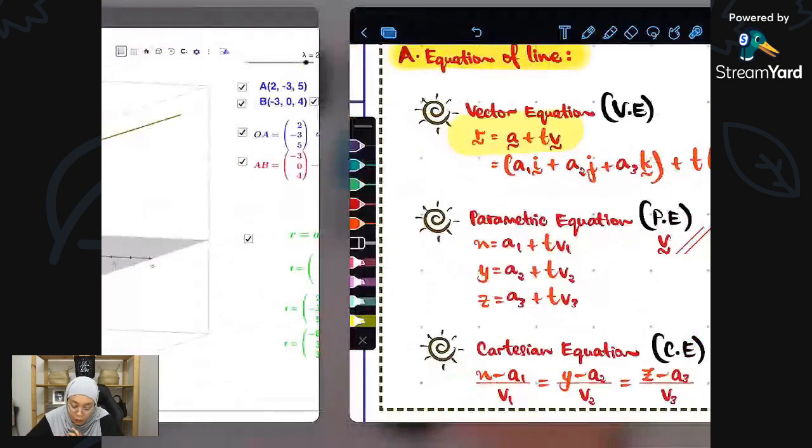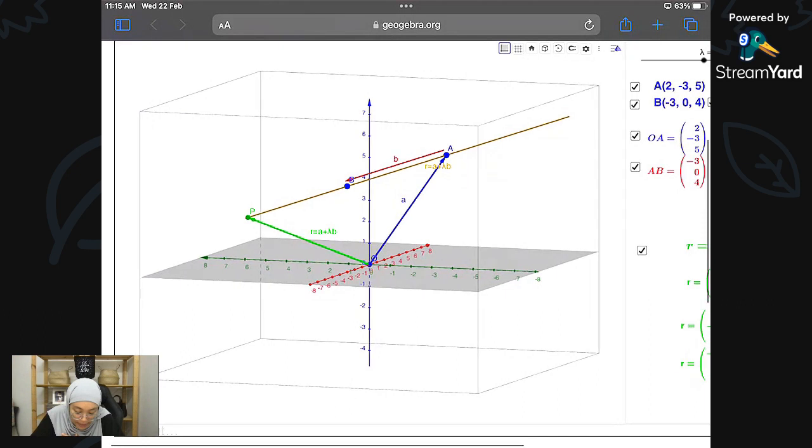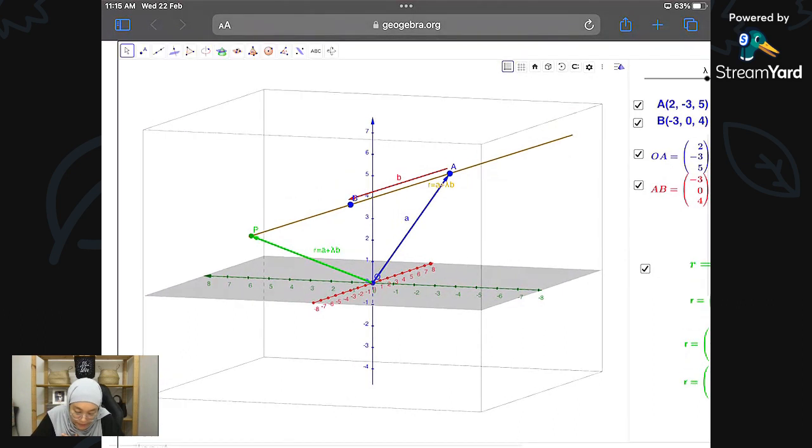So the 3D, tu lukisan 3D adalah berbentuk begini. Okay, kalau kamu boleh tengok perjalanan nak pergi ke mana? This is not moving. The GeoGebra is not moving there. But all I want to show you is that every vector is coming from the origin.